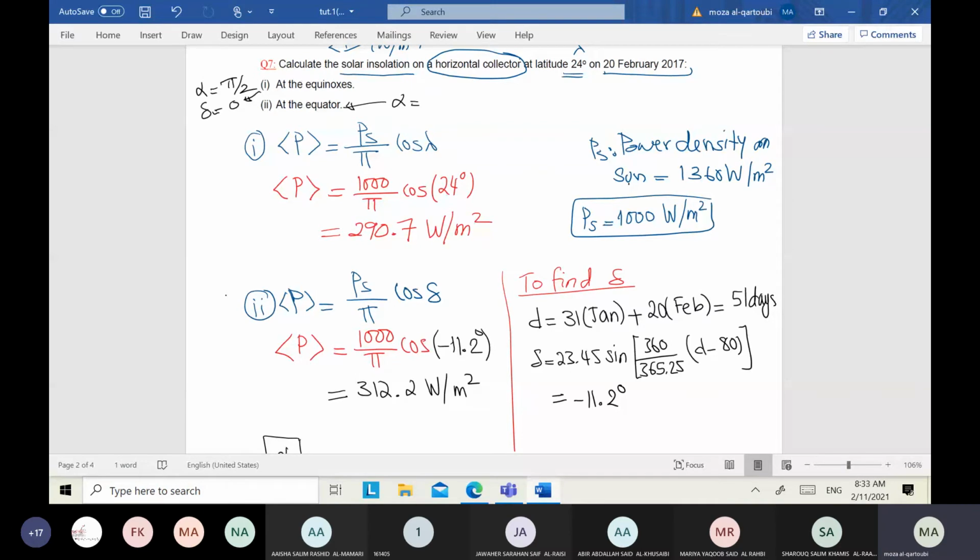It will be 90 again, pi over 2. Please read the lecture note. Much information is given in the lecture of week 3.